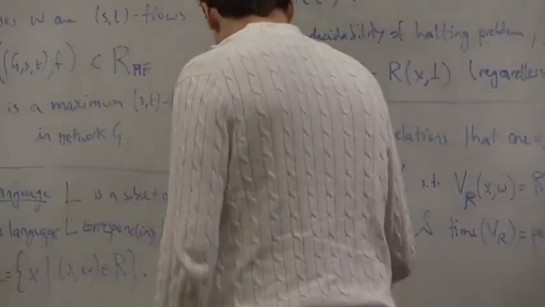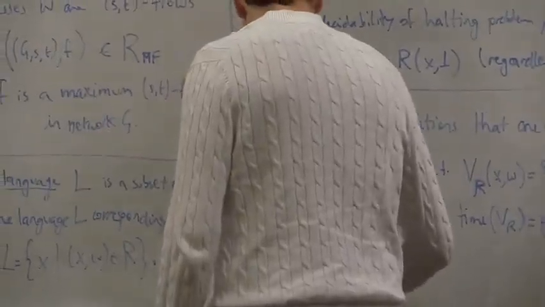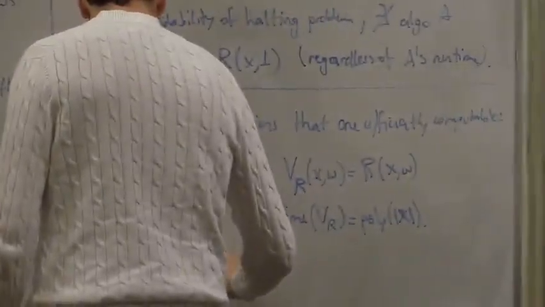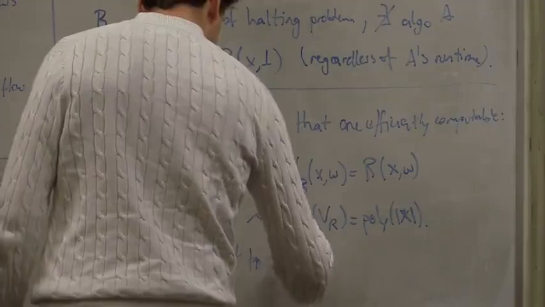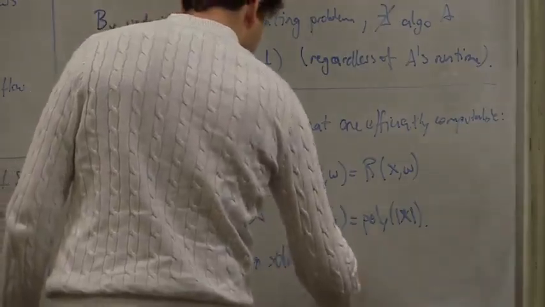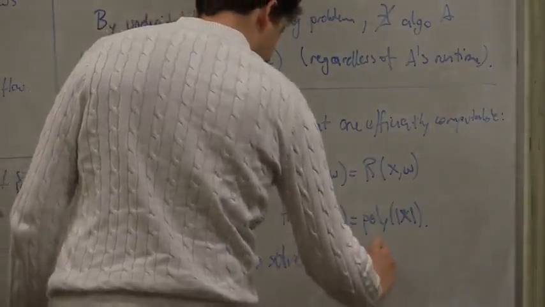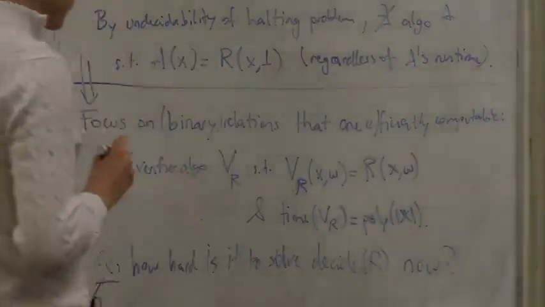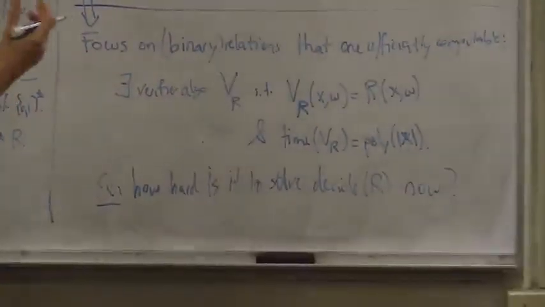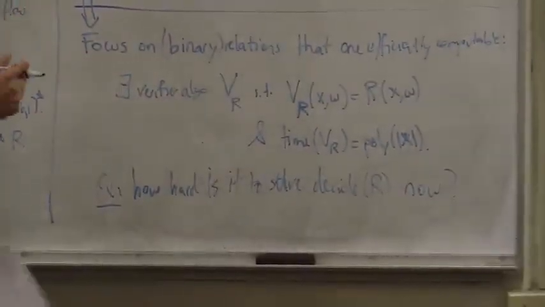So let's ask the question: how hard is it to solve the decision problem associated to R now, with this assumption? Is it the case, for example, that we can always decide R efficiently?